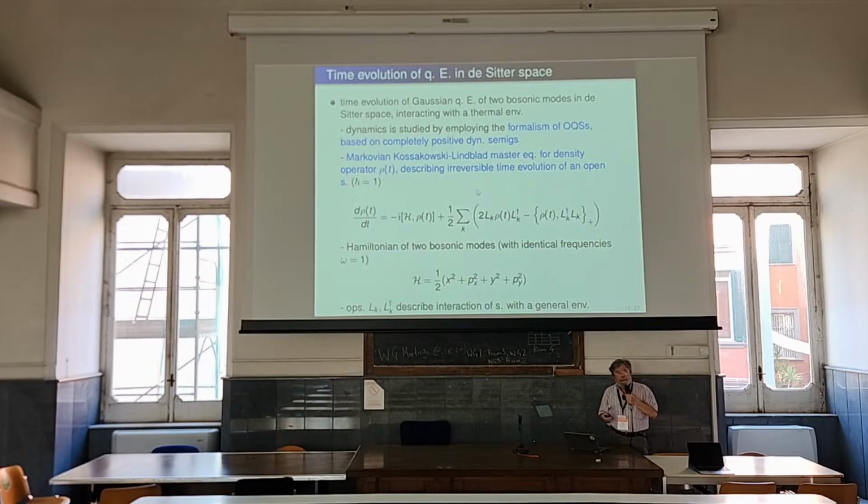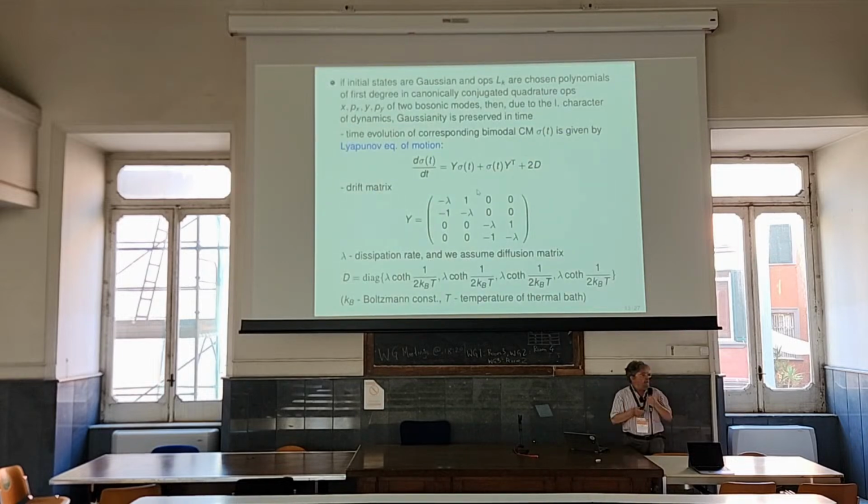This theory is based on a very famous property named complete positivity of quantum dynamical semigroup, which describes this property of irreversibility in time. So we start with a squeezed vacuum state for Alice and Bob.